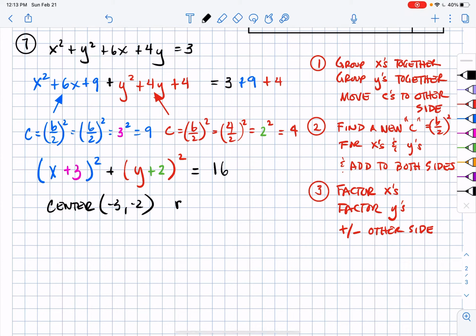And my radius, what you're going to get tripped up on, is actually going to be 4, because the 16, right? Remember, the 16 was actually r squared. So if 16 is r squared, that means if we take the square root of both sides, we will get the 4. Okay? So that would be my answer, and that is choice B.